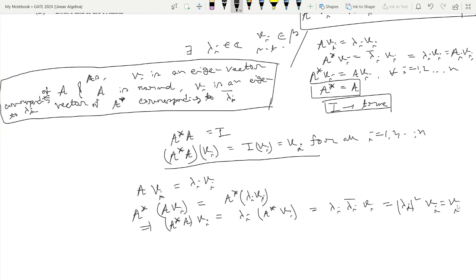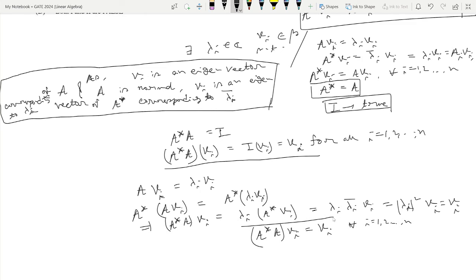So now we have proved what we actually wanted to prove, that A star A Vi equal to Vi, and this holds for all i equal to 1 up to n.